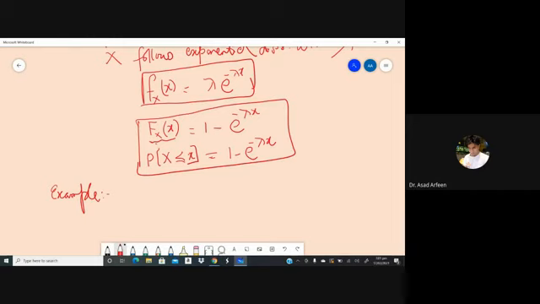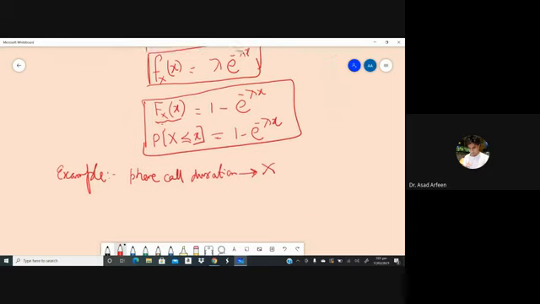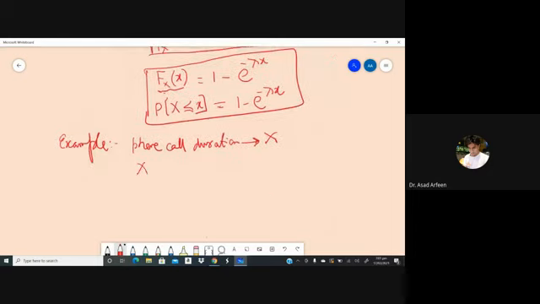So the phone call duration is modeled by a random variable X, and the problem says to assume that the length of a call is an exponential variable.